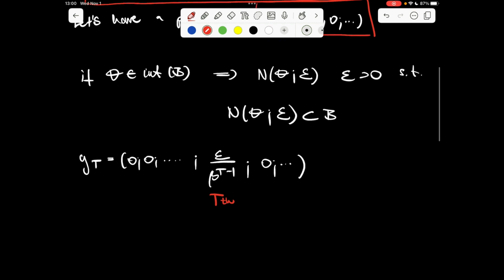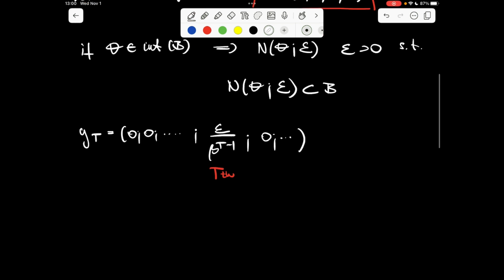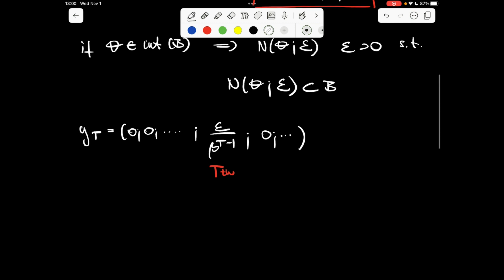So this point lies very close to theta because there is only one element in which we can find a difference.